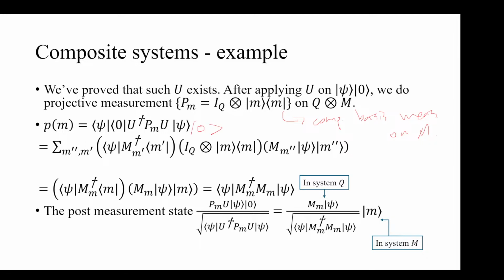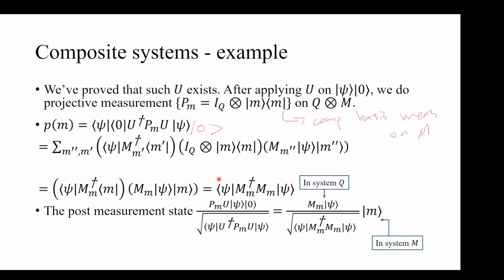So for the measurement outcome probability, because this measurement is projective, we don't need to write P_n dagger P_n, because P_n dagger P_n is just equal to P_n. So the outcome probability is just your measurement operator sandwiched by your state, and your state is U psi 0. Then you take it to the other side, and it's psi 0 U dagger.